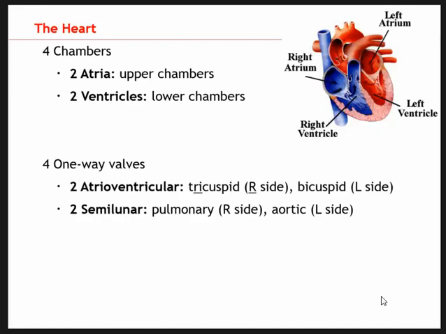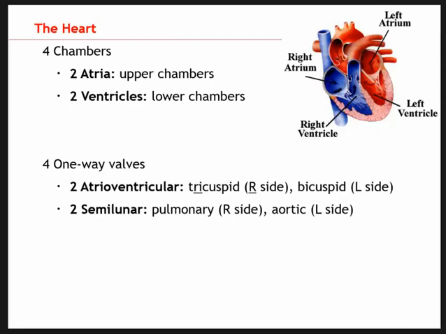We also have valves. We'll discuss the purpose of those, but first we have 4 in total: 2 on the right side and 2 on the left side. I would normally ask what the purpose of our valves is. One of the main purposes is to keep oxygenated and deoxygenated blood separate, and also to prevent backflow, to keep blood pumping in the same direction.